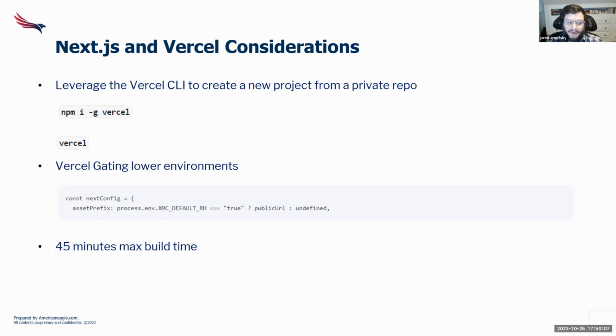So we said we want it to be on the rendering host, and then we set it to true. What that means is when it's XM Cloud default rendering host, use the public URL, otherwise use undefined. And if it's undefined, it'll just be a relative path. That was a big gotcha that took us a little bit to figure out, but that's the magic to getting Vercel to be able to lock down your lower environments.